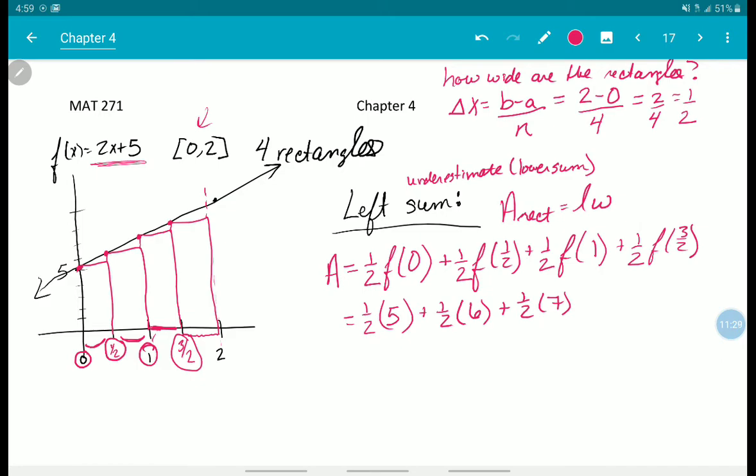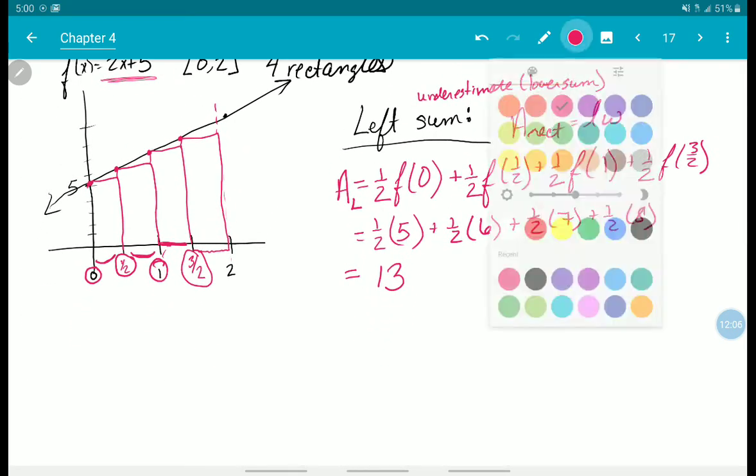And if we substitute in 3/2, we're going to get 8. So if we were to add all these together, we're going to get 13. So that left sum, and I'm going to use AL to let us know that that's the left sum, is 13. Now keep in mind, this is going to underestimate because those rectangles aren't going quite up to that line.